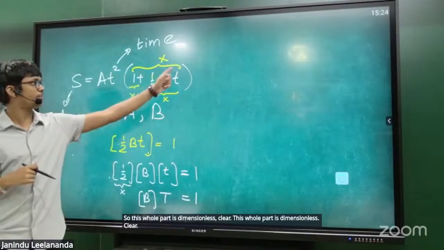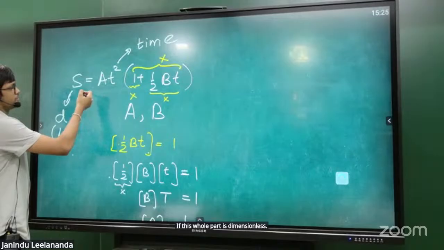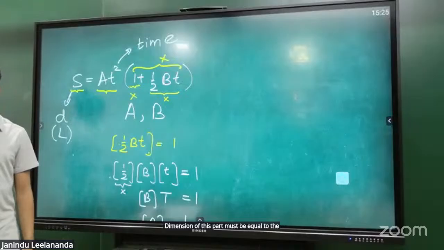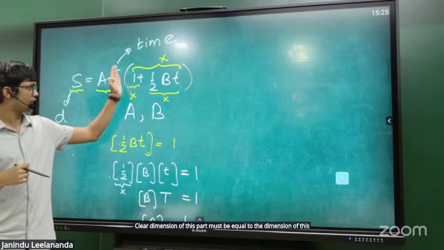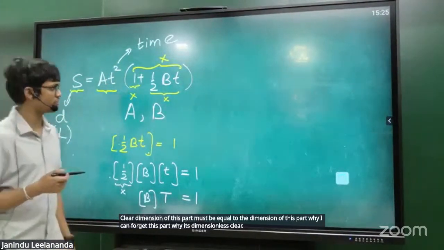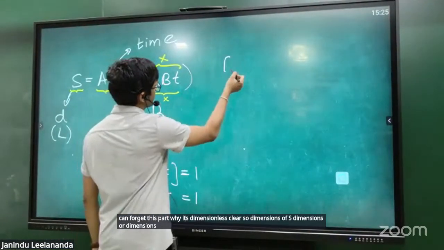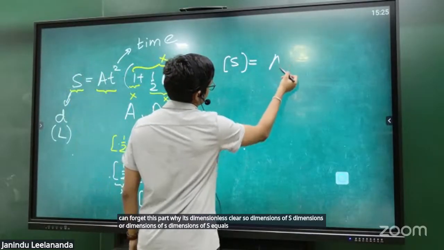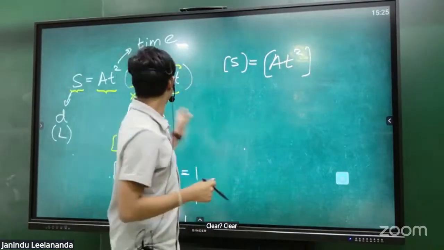If this whole part is dimensionless, the dimension of this part must be equal to the dimension of this part. Why? I can forget this part. It's dimensionless. So dimensions of S equals dimensions of AT squared. Clear?